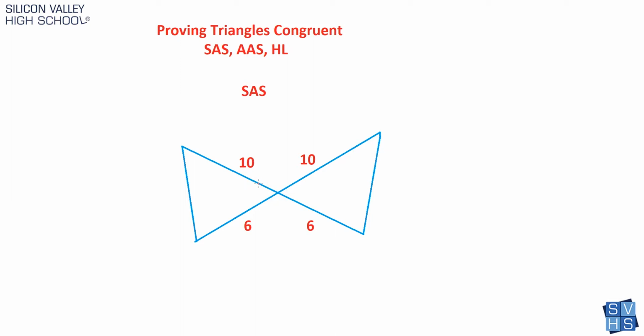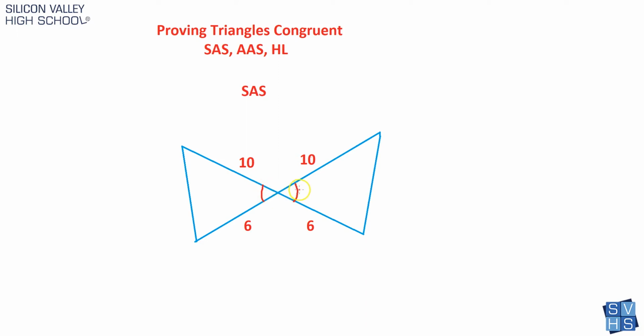This is what's slightly frustrating for kids about geometry and proofs, is that these actually totally are congruent. And you kind of have to have some background information. If you remember, these angles have a specific name. Anytime you have an X like this, or what I like to call a bow tie, the angles on the opposite sides of the bow tie, or opposite sides of the X, are always congruent by the vertical angles theorem.